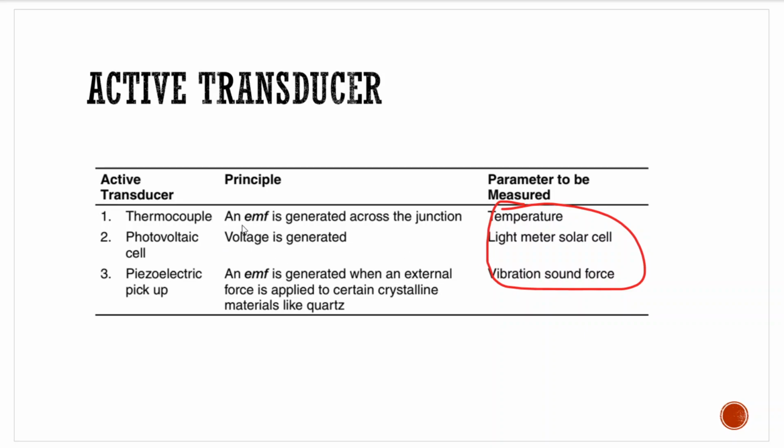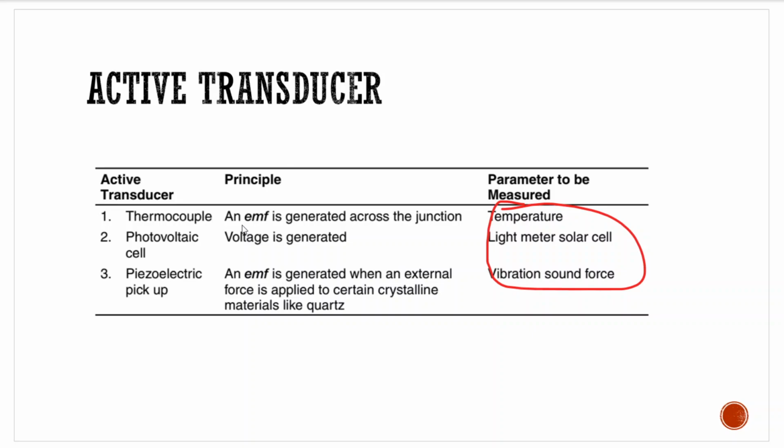So thermocouple, it generates EMF across the junction. You know, Seebeck effect, temperature variation जब दो metals के बीच में होगा, so accordingly EMF produce होता है. So we do not need any external source to produce that EMF for us here. ऐसे photovoltaic cells में, again using light you can generate current or voltage in photovoltaic cells.